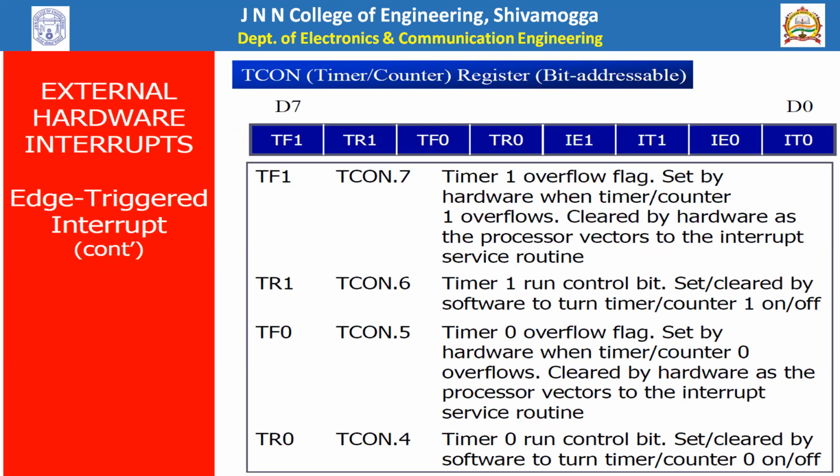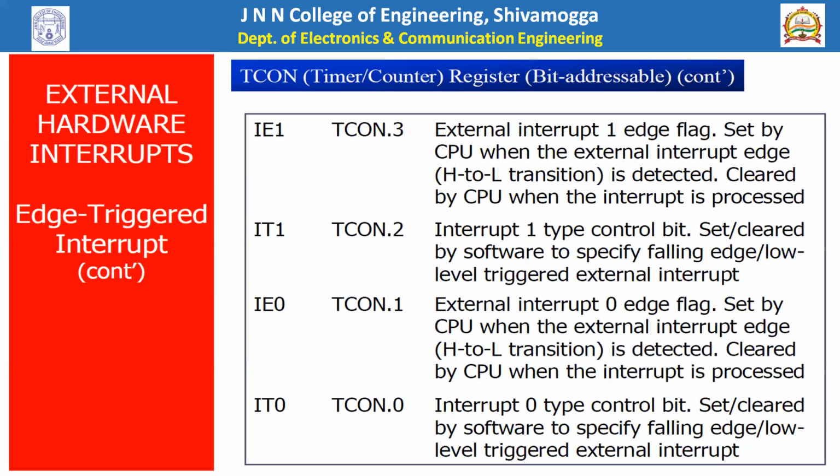TF1, TCON.7, is the timer 1 overflow flag, set by the hardware when the timer overflows and cleared by the hardware when the processor vectors to the interrupt service subroutine. TCON.6 is the timer 1 control bit. TCON.5 is the timer 0 overflow flag. TCON.4 is the timer 0 control bit. TCON.3 is the external interrupt 1 edge flag, set by the CPU when an external interrupt edge is detected.